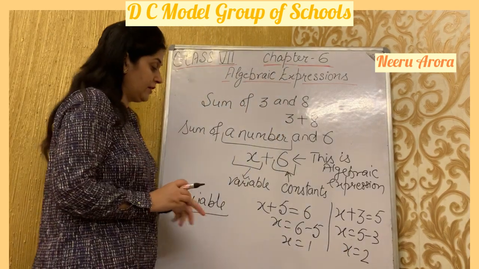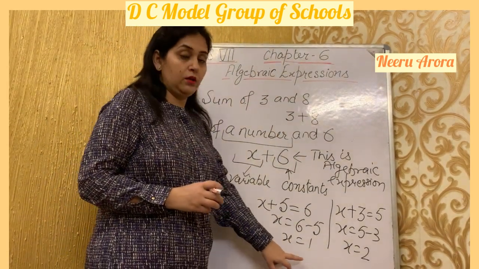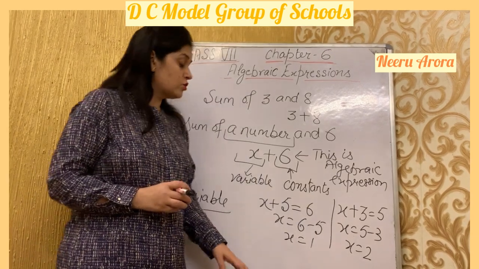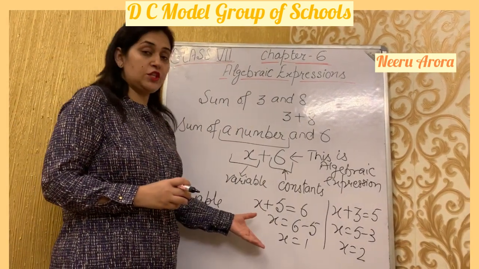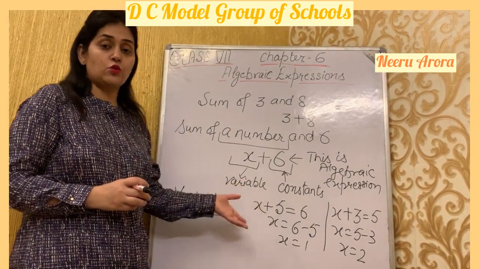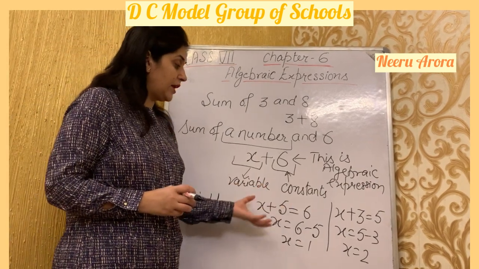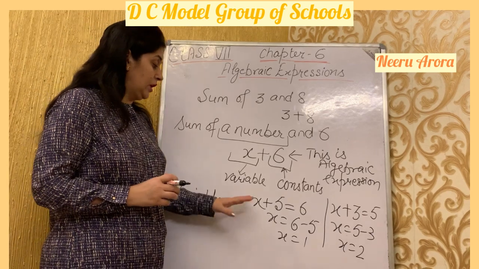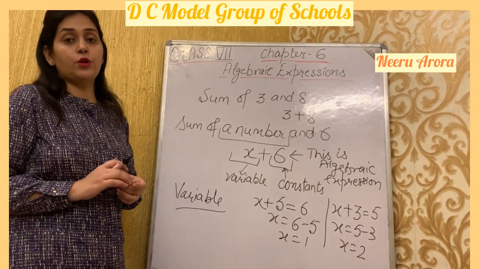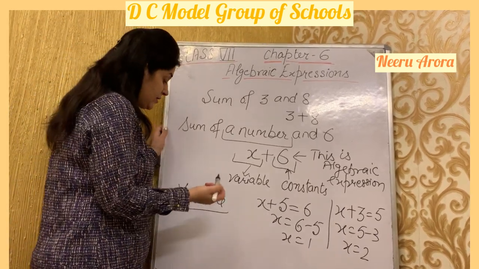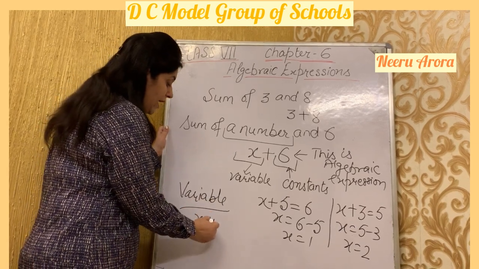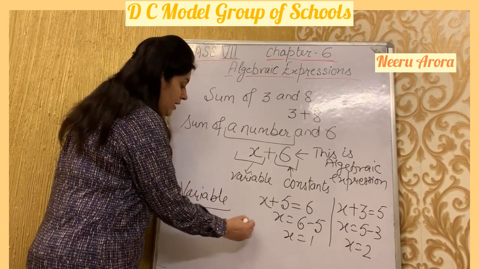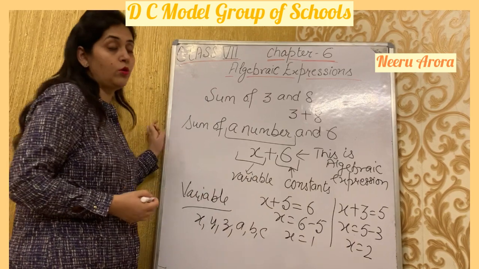So see, in this the value of x is 1 and here the value of x is 2. So its value keeps on changing. It depends upon the situation, that what is there given in expressions. So this is known as variable. So variables are generally denoted by simple alphabets x, y, z, a, b, c and so on.